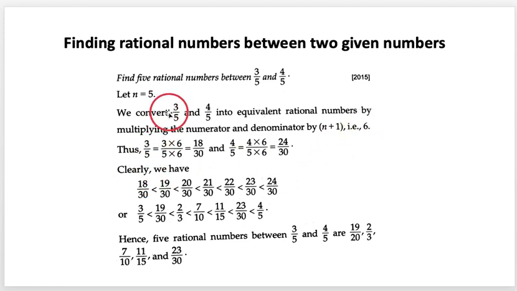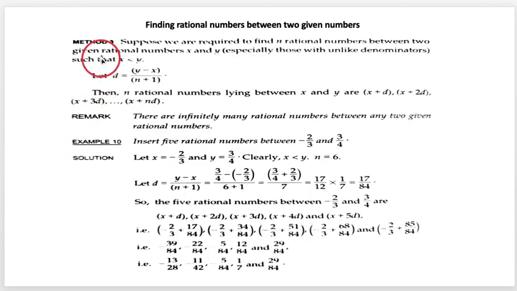You see it is 3 by 5, so you multiply 3 by 5 into 6 in both cases. So we get 18 by 30 and in the other part we get 24 by 30. Hence clearly we can write 18 by 30 and 24 by 30. In between we can write it this way: 19 by 30, less than 20 by 30, less than 21 by 30, 22 by 30 and 23 by 30. So this is the solution.